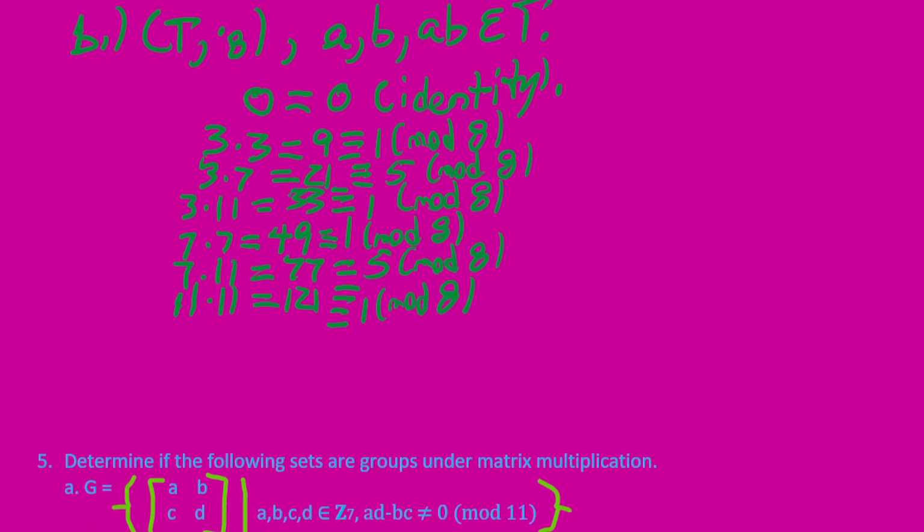And then 7 times 11 is 77, which is 5 modulo 8. And I keep forgetting that we describe these as being logically equivalent. And 11 times 11 is 121, which is logically equivalent to 1 modulo 8. So what we have from this operation is the set 0, 1, 5.